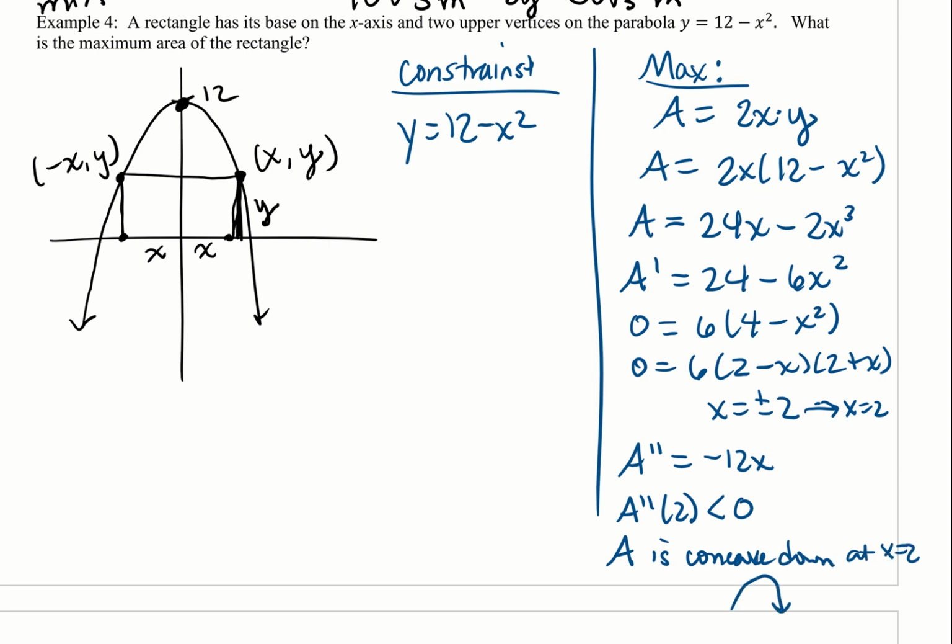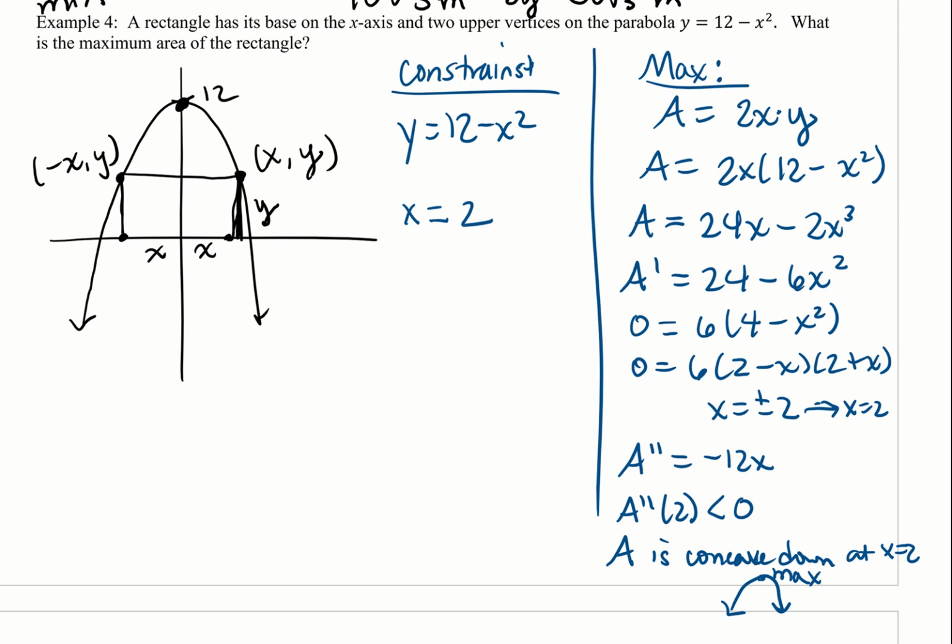This is also the only critical value here that makes sense in the context of the problem. So we are safe to say this is an absolute max here. So x is going to equal 2. We can verify that with our concavity.